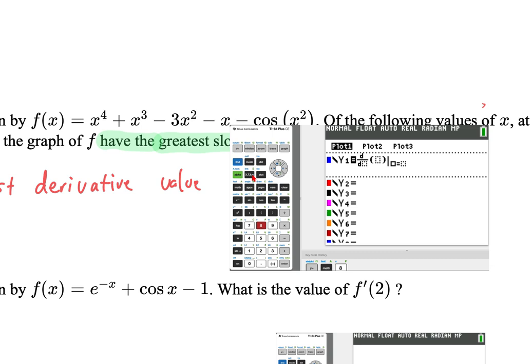So do math 8. That's derivative. After you hit y equals, it'll put the derivative into y1. So the first function, y1, will be the derivative of f of x. Basically, what's in y1 is f prime of x.